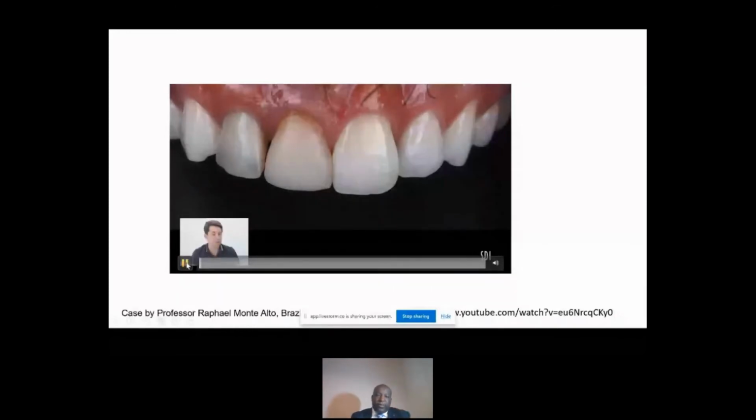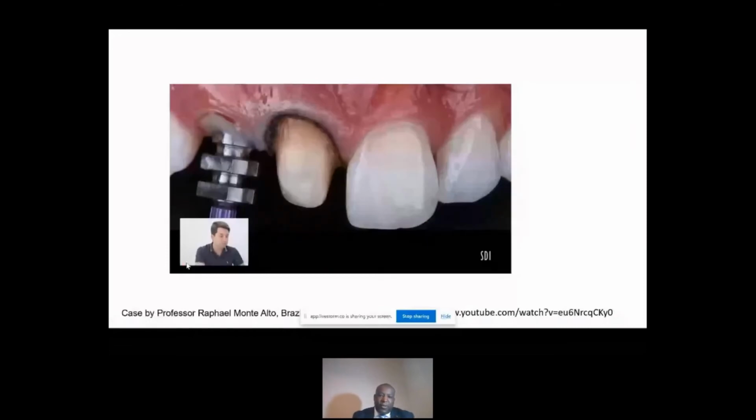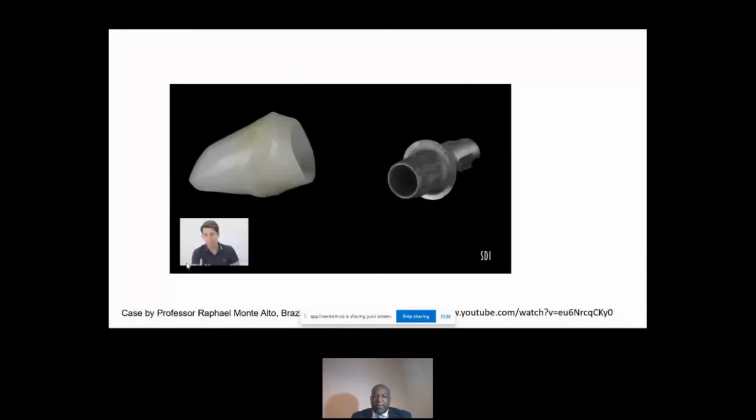So the upper right 2 has been prepared. The upper right 3 has had an implant. We've seen the recommended steps, but to see it live will help to see the benefits.